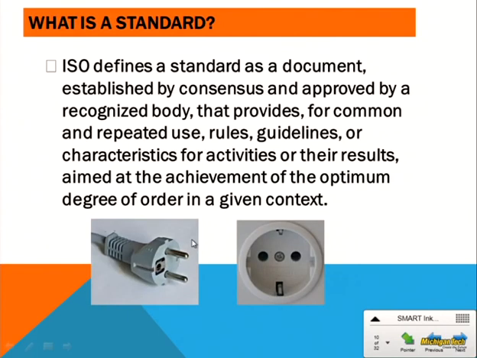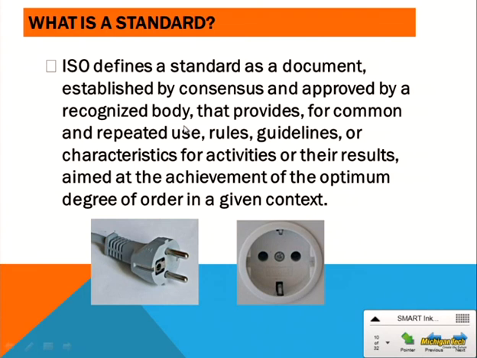So what is a standard? Also, their meaning, definition. The International Organization for Standardization, ISO, defines a standard as a document established by consensus and approved by a recognized body. These are the two key things here. One, established by consensus.